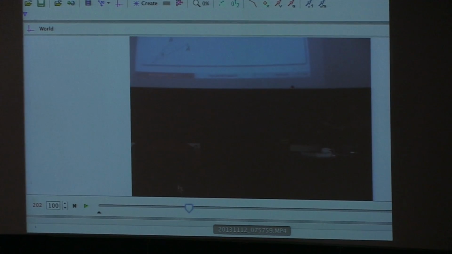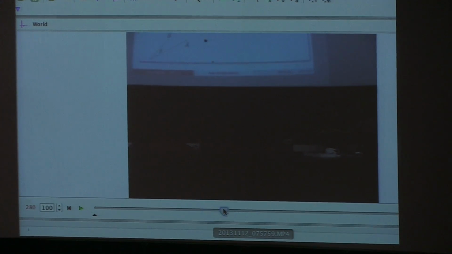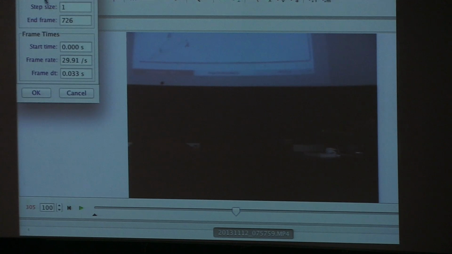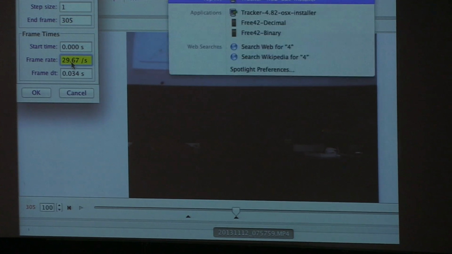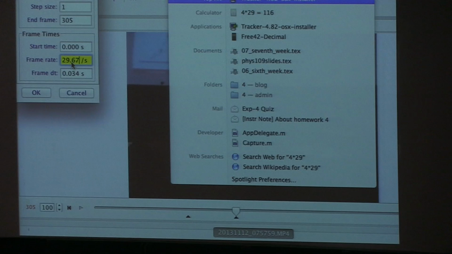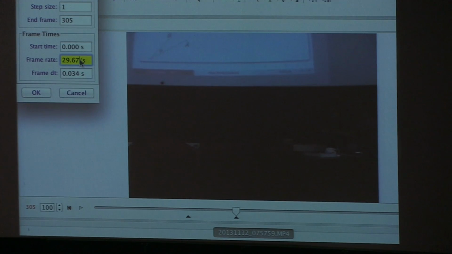It is 202. Until 305. So this is the motion we will study.